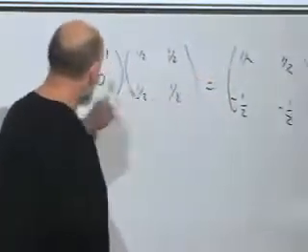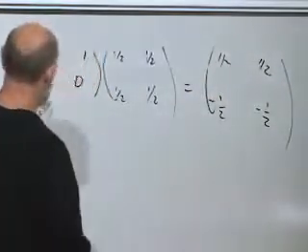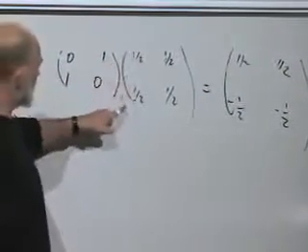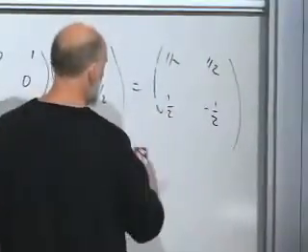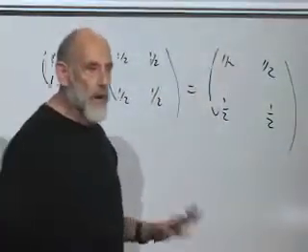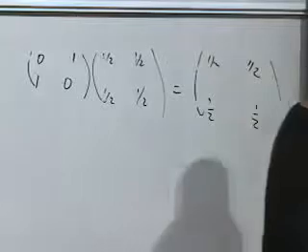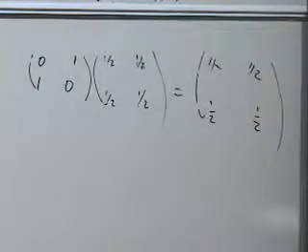Same thing over here. Everybody's a half, right? And the trace is equal to 1. So the expectation value of sigma 1 is 1. The expectation value of the other sigmas is 0.